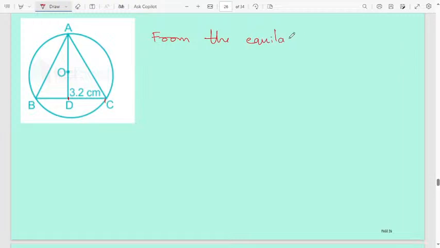You have to remember this property, that's why you have to learn all the properties. O is the circumcenter as well as the centroid.